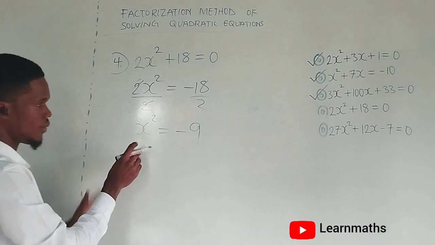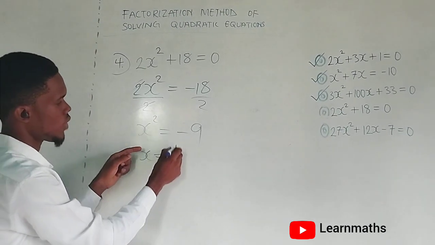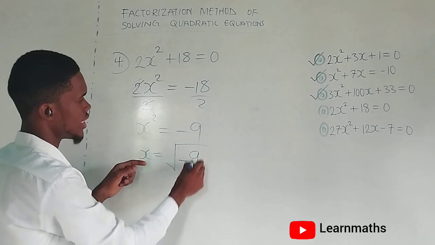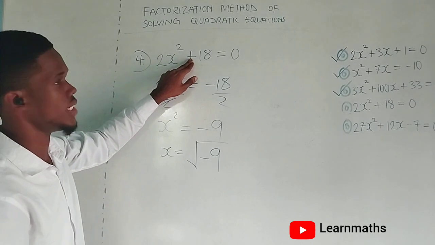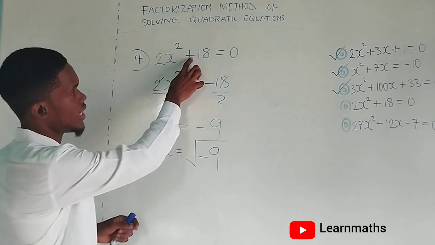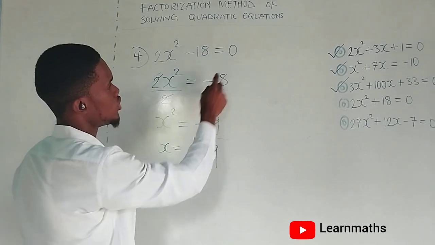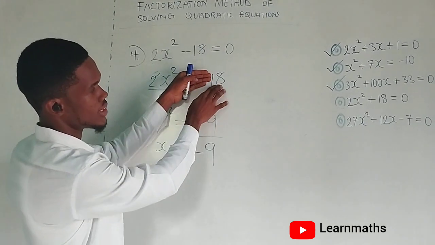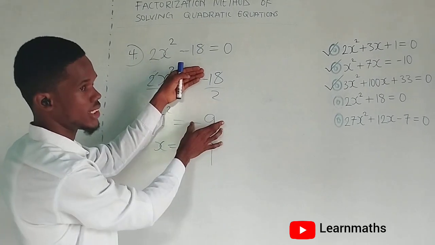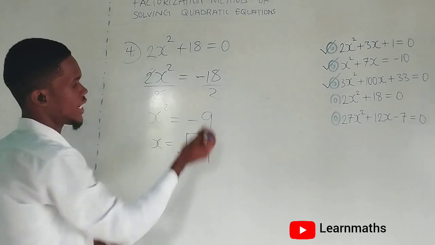Now that we arrived at this point, we use this square here to take the square root of negative 9. And this is where that problem comes in. I said this was meant to be negative. If this sign here was negative, and I send this 18 over the equal sign, it's going to become positive 18. And positive 18 divided by 2 will be positive 9, and it will have an actual square root.